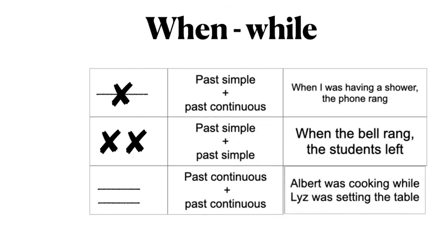For example, Abba was cooking while Liz was setting the table. They not necessarily last the same. Of course, setting the table you expect to be shorter than cooking, but at a certain point in time, they develop together. They are simultaneous.